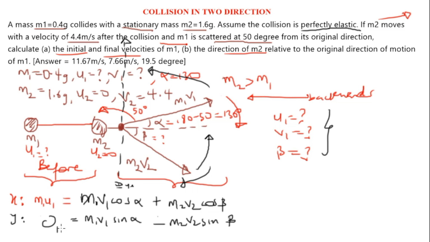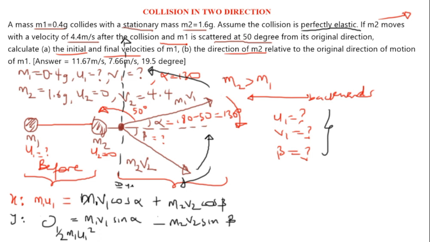So we can say half m1 u1 squared. Actually, the formula for kinetic energy is half mv squared, but since we are considering mass m1 and velocity u1, we change it. Now the second body should be half m2 u2 squared, but because u2 is equal to 0, I will just neglect that.